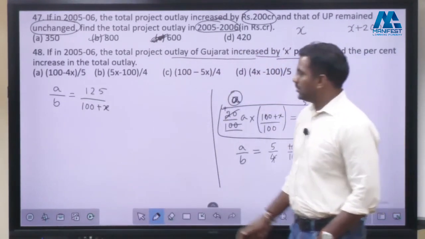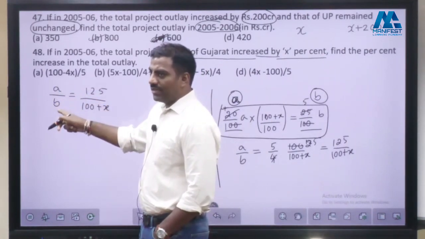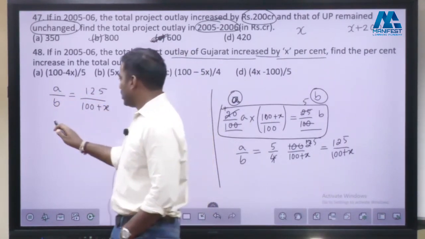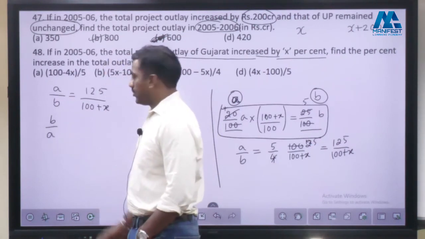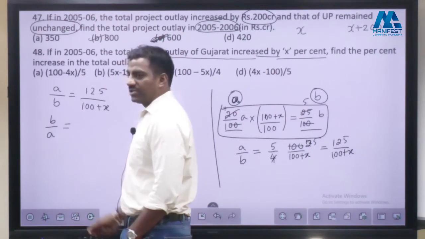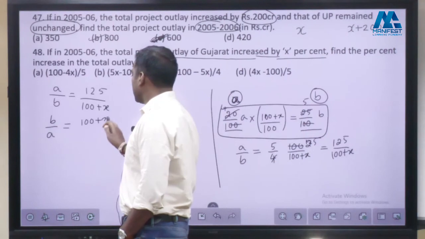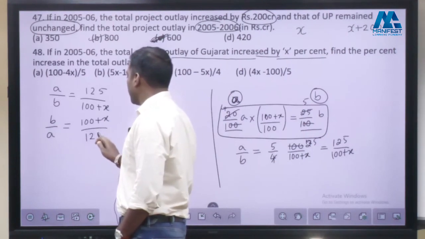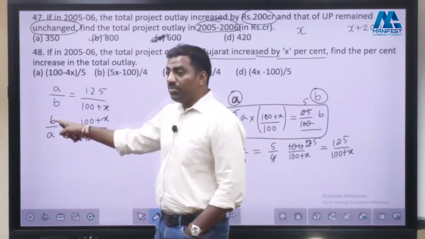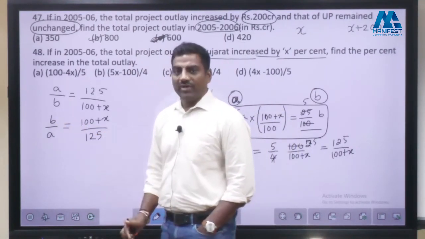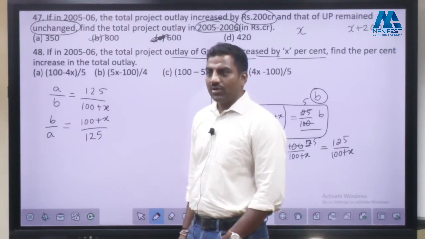That means this was the earlier outlay, this is the present outlay. Just reverse that one, reciprocate that one. We'll get 100 plus X divided by 125. Now they are asking B is what percentage of A? Getting my point?